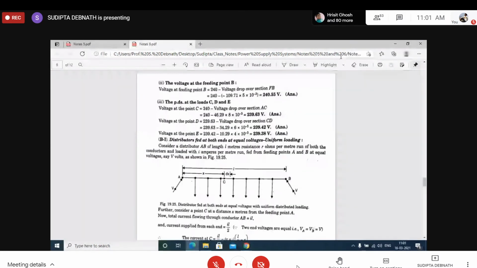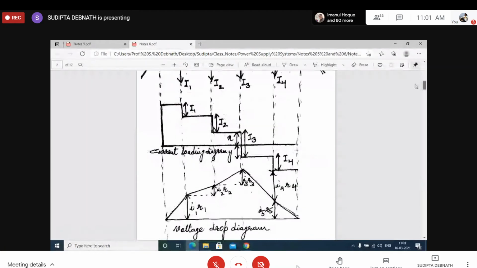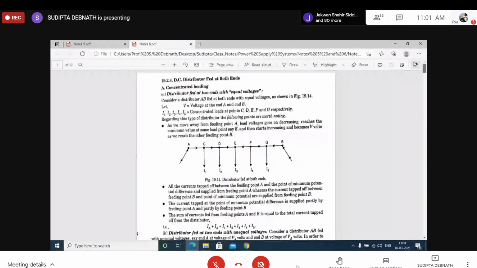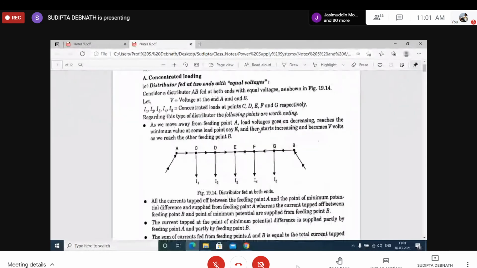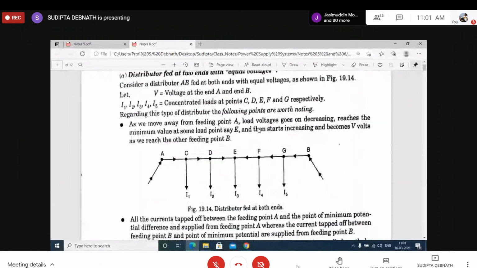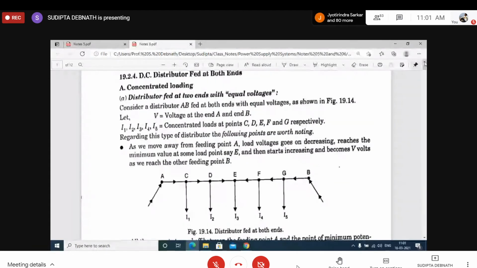That means till now we have discussed distributors fed at one end. Now we will discuss distributors fed at both ends. The approach is similar. That means first we'll consider the concentrated loading. But here one question will come: whether the two feeding end voltages are equal or unequal.